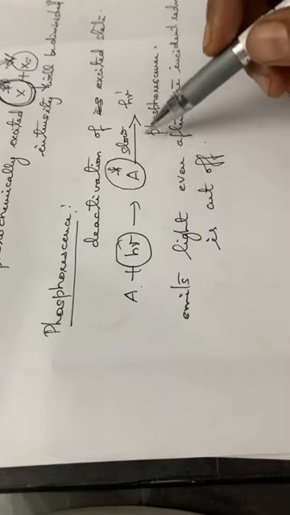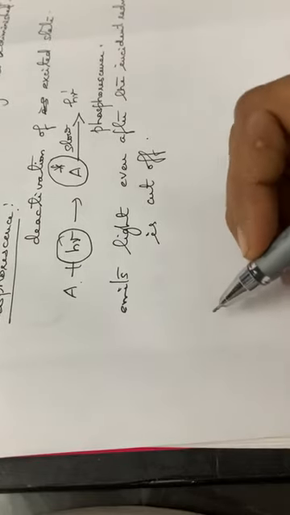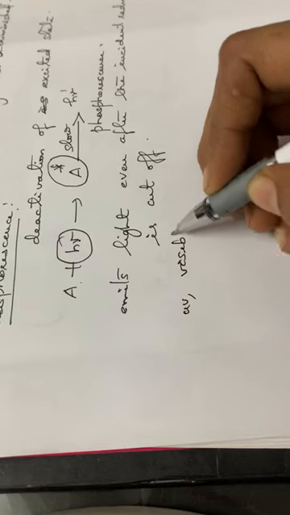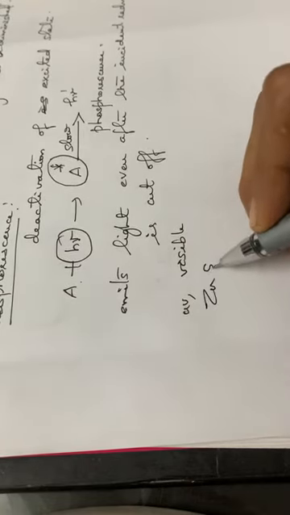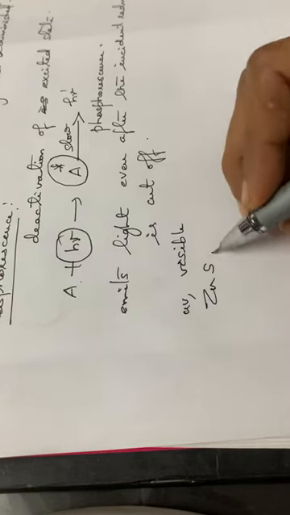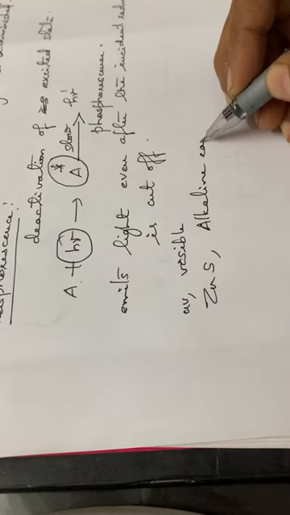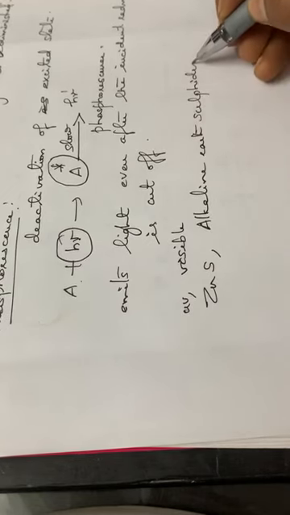Here it is the deactivation of the excited state. Usually phosphorescence is caused by UV and visible radiations. In zinc sulfide, normally it occurs, then in alkaline earth sulfides, etc.